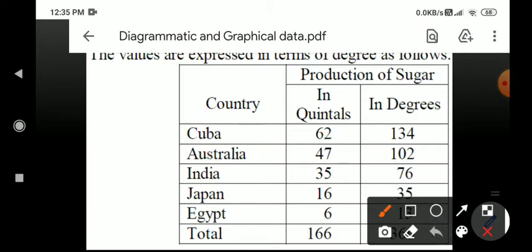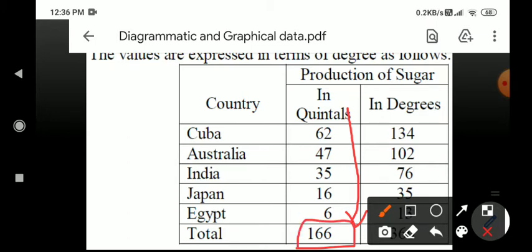So the total is always 360 for the entire circle. This has to be divided proportionally based upon the sugar productions of Cuba, Australia and so on. So how to do that? First find out the total of all of this. The total sugar production is 166.